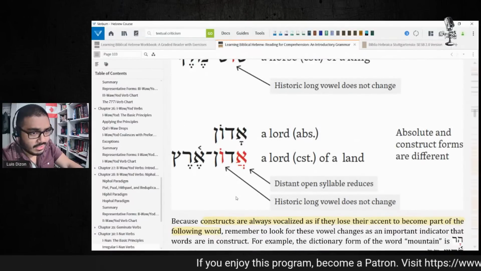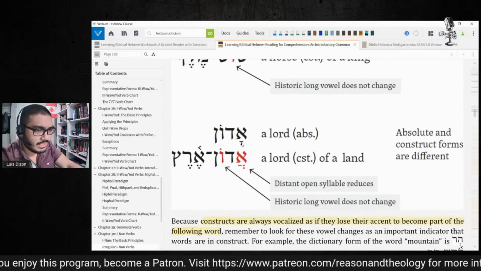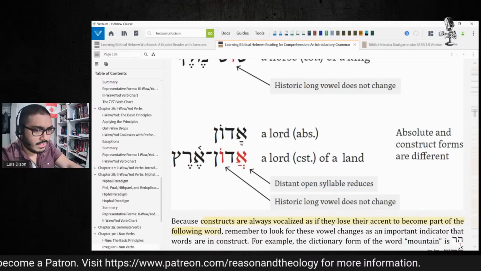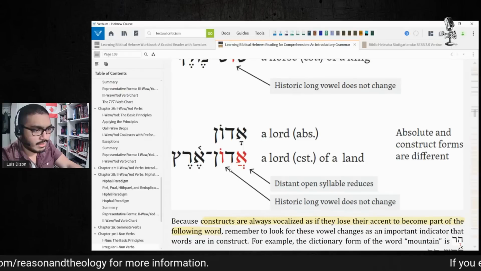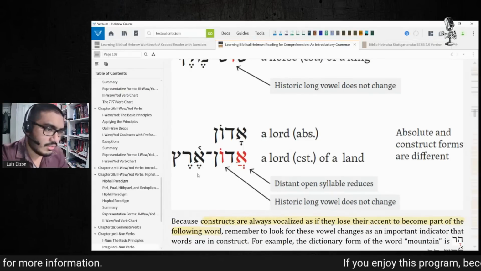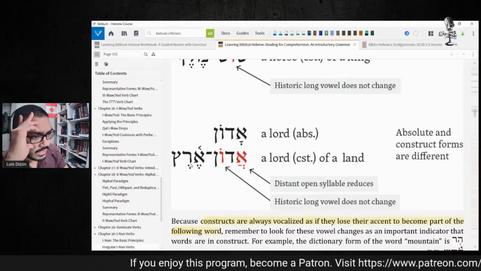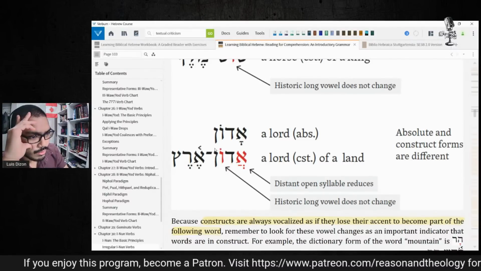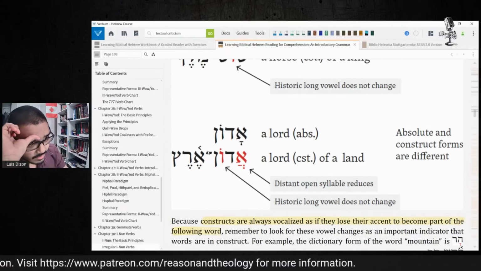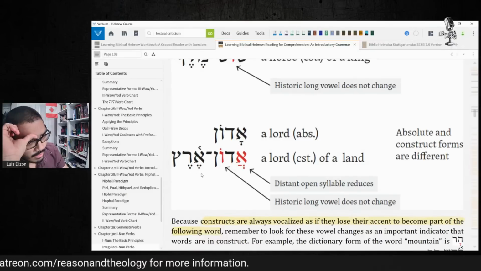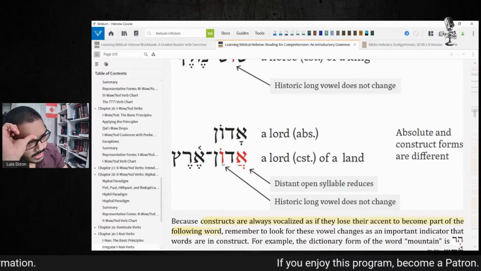Here's an example. Adon would normally have a kametz here. If you are making it part of a construct, for example adon eretz, all of a sudden you have one syllable here that is accented. So the rules governing how to lengthen and shorten vowels will be modified according to this. Remember, a historic long vowel doesn't change, so this will stay the same.